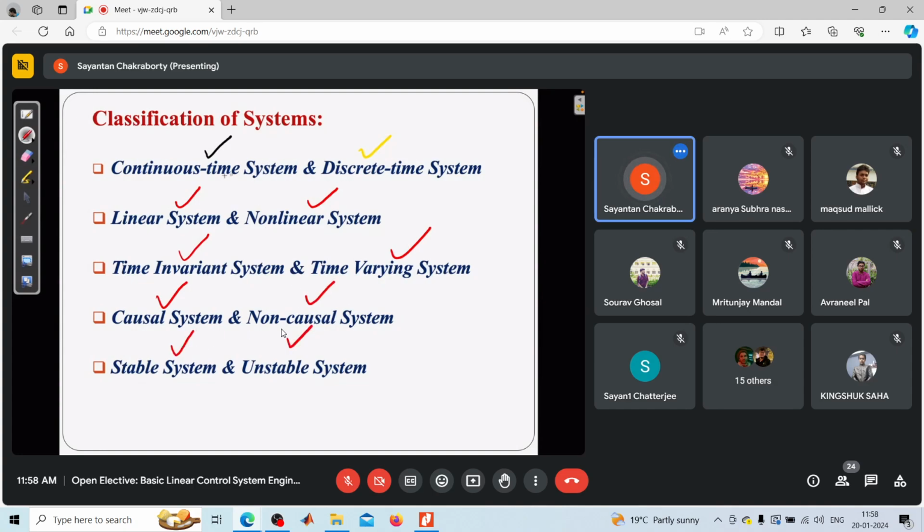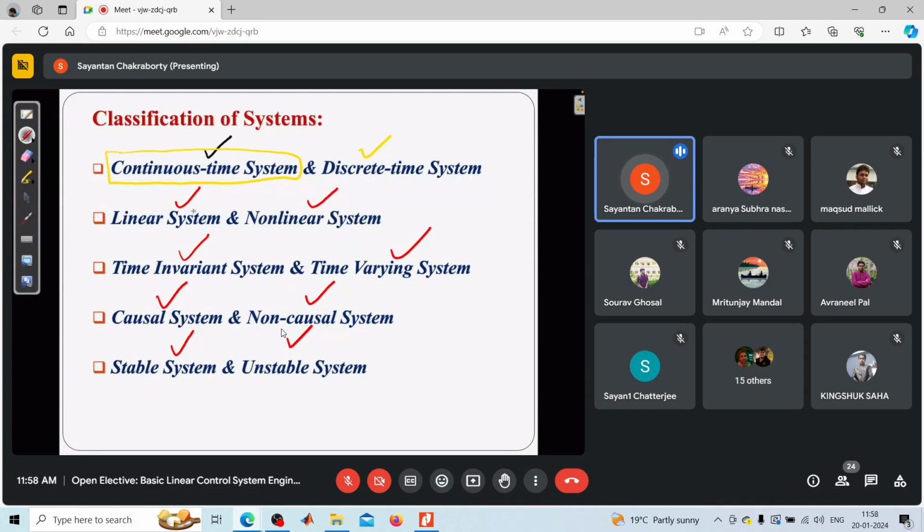The only thing is that for continuous time system and discrete time system classification, there may be some gray areas where we have hybrid systems. In discrete time system, it may be pure discrete time system or hybrid system due to the presence of continuous time components or continuous time signals. So, if you want to classify a system, it may be classified as, say, continuous time.